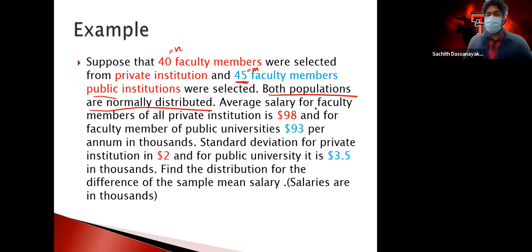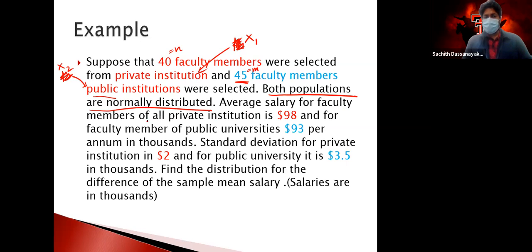Average salary for the faculty members: for private institution, I'll consider mu1, and for public institution, mu2. So, let's say private institutions I'll consider capital X1, and public institutions capital X2.